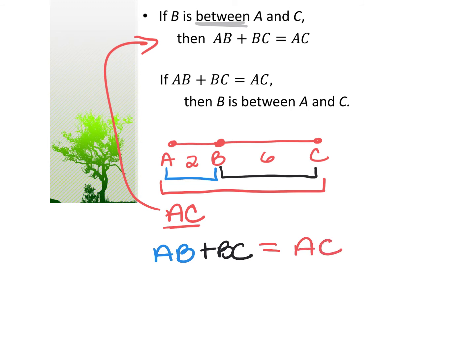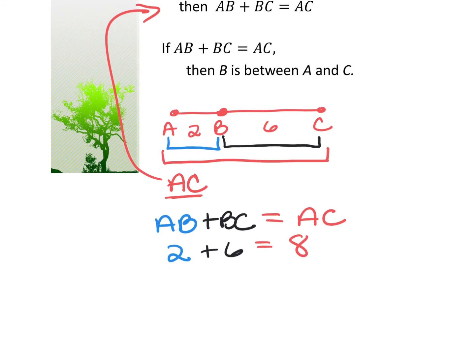So I can add 2 plus 6, and that will give me the length of the entire segment AC. So this tells me that the length of AC is equal to 8. This is using our segment addition postulate by adding smaller segments to get the total piece.